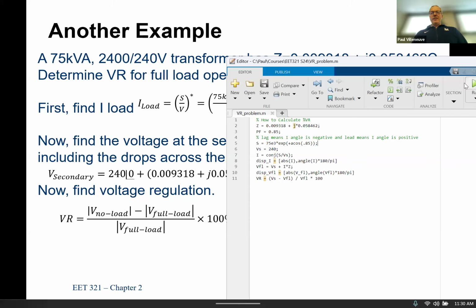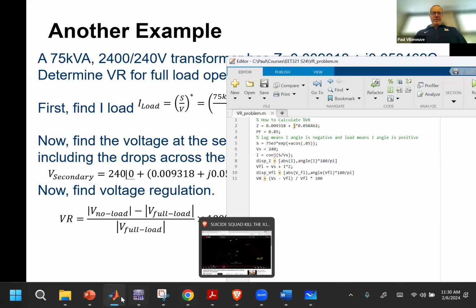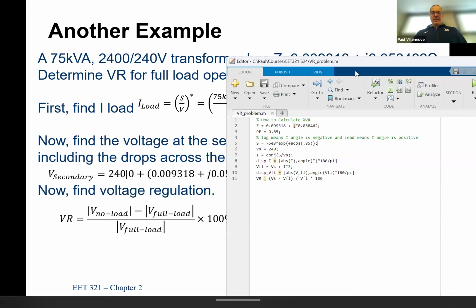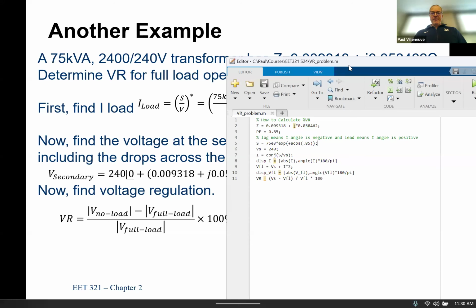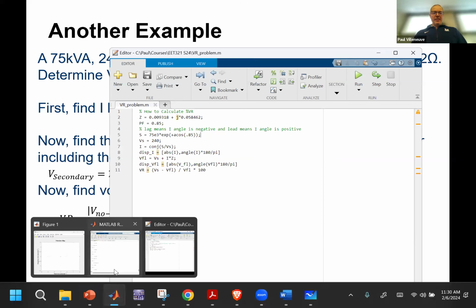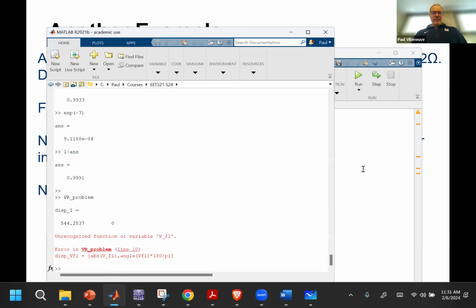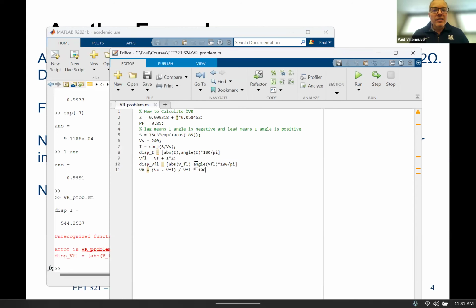So if I run it, hopefully no typos. Sounds like there might be a typo. Let's see. That usually means that I left out a parenthesis. So try that again.